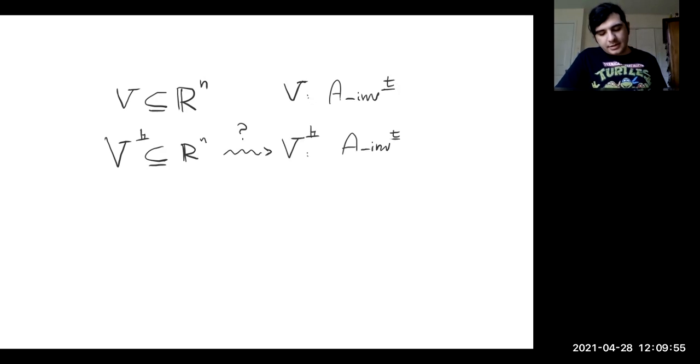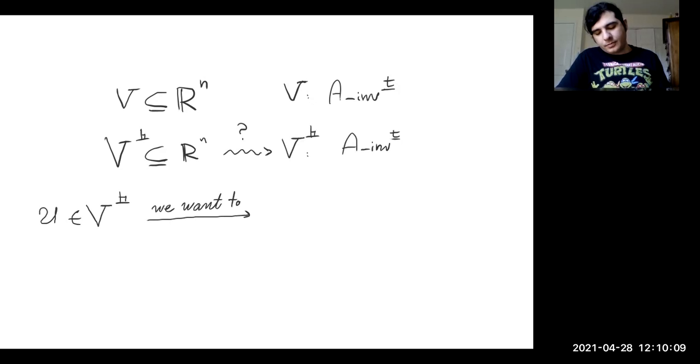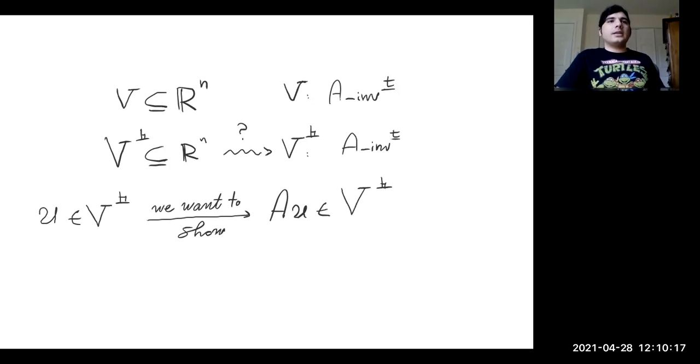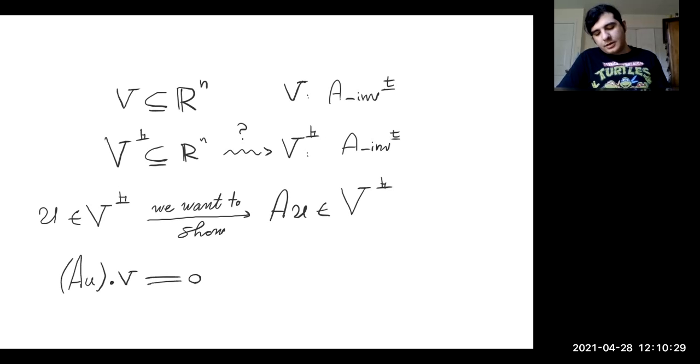I should take an arbitrary element inside this space, a vector U, and we want to show that AU is still in this subspace. But what does it mean to be in this subspace? It means it should be normal to V. It means the inner product of AU with V should be 0 for any vector V inside the vector space V. This is what we want, right?